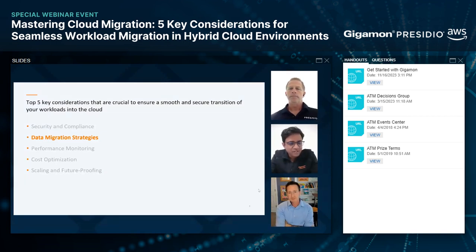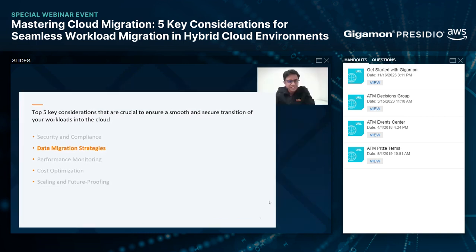Absolutely. And the points that you raised there, David, are very critical. The objectives for the customers could be different depending upon whether they want to go to something like an Outpost or a Local Zone, where you have applications that are latency sensitive or data residency related. You have appropriate solutions to meet those requirements.